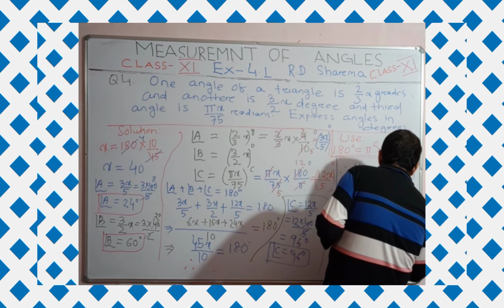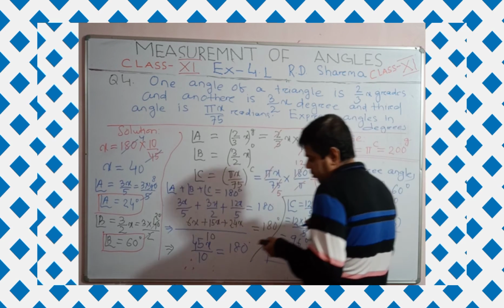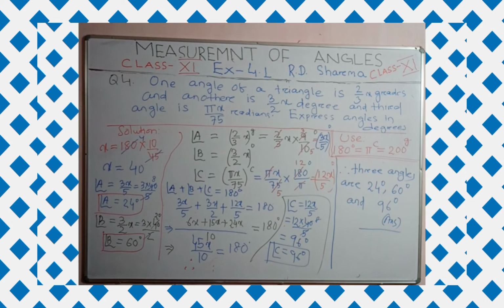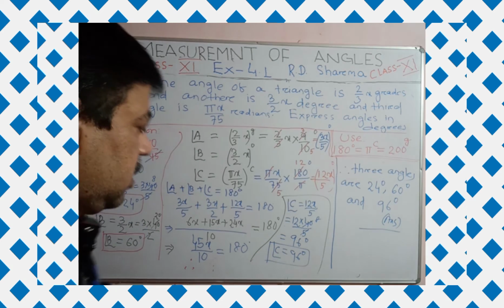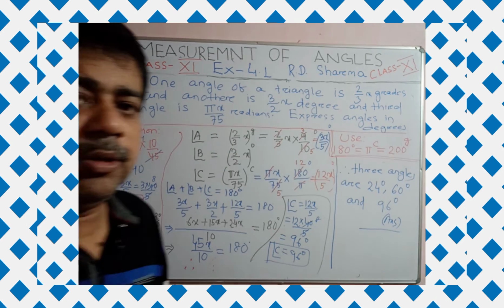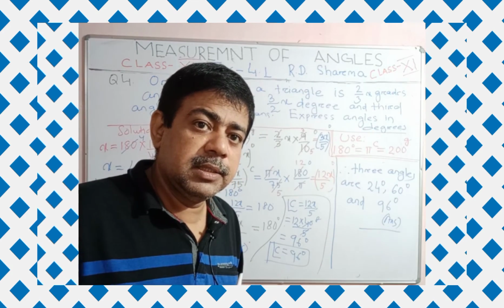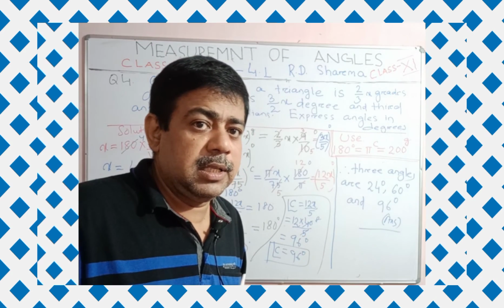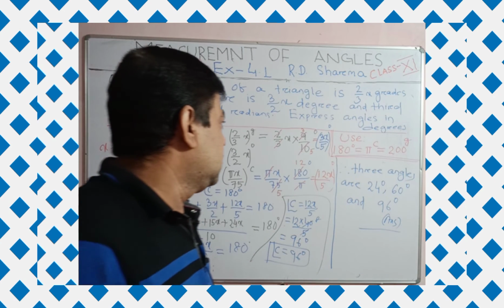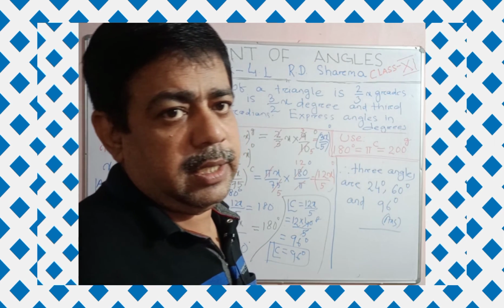This is one of the very interesting problems, an application of the units of measurement of angles, showing how you can convert angles from radian to degree, and grade to degree. Understand? This is the interrelationship between the three systems of measurement of angles: degree, grade and radian.